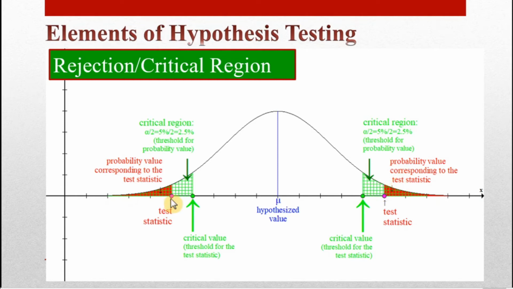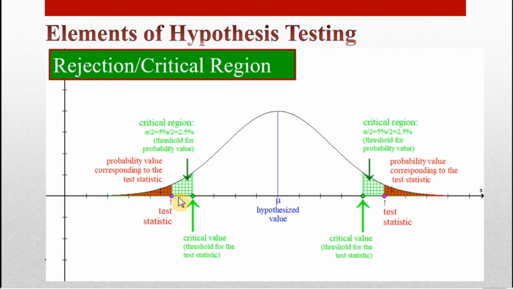If the test statistic, this value here, lies in our acceptance region, then we conclude that the information that we gathered from that sample, that is our test statistic, since it is lying in our acceptance region, is not significantly different from that hypothesized value, or what we call the parameter.